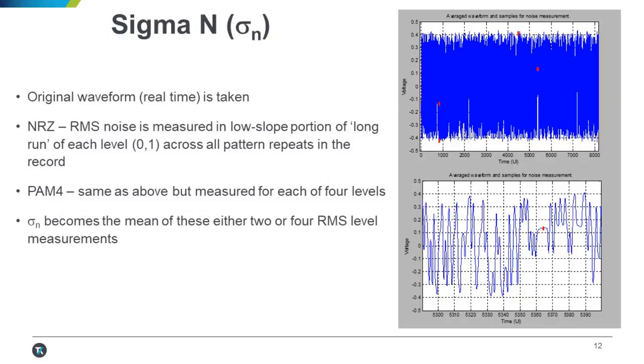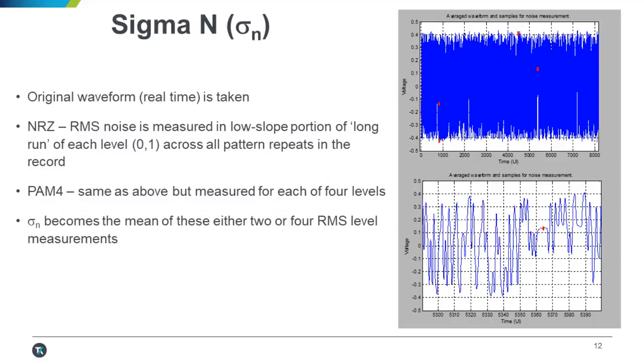For NRZ, historically, you look for a low slope portion of the waveform. You want that low slope portion because you don't want to be translating your noise. You really want to just look at the voltage noise independently and not be looking at the jitter for this piece.